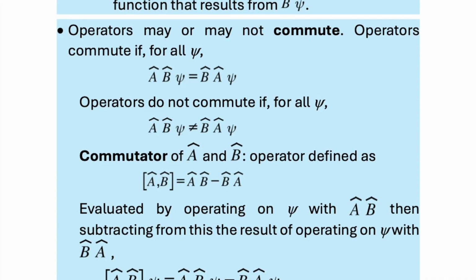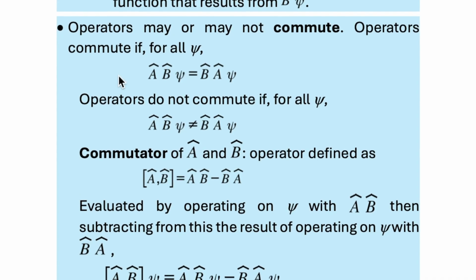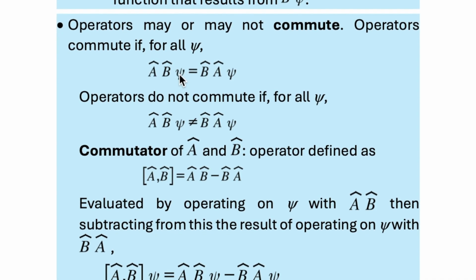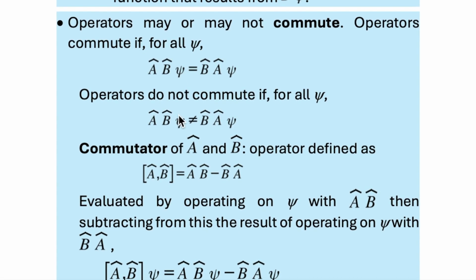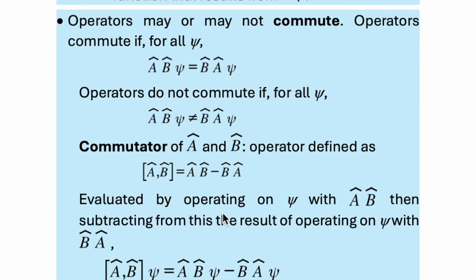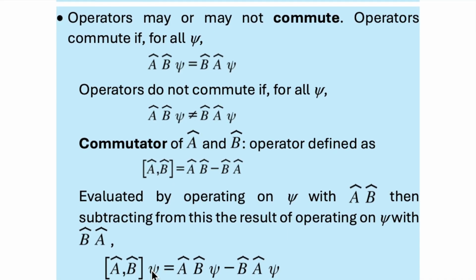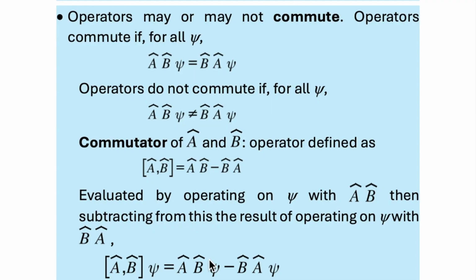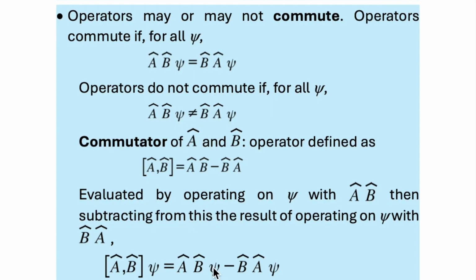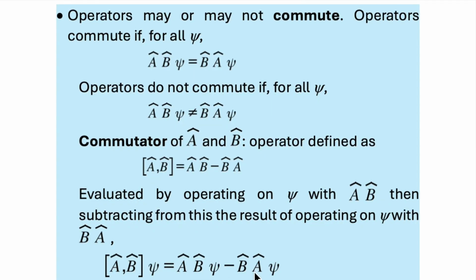When the commutator is equal to 0, the operators do commute, right? This is going to be important later when we get to uncertainty relationships. And if it helps, you can put the wave function in here directly to remind yourself that B is operating first on the wave function, then A, and we subtract off A operating first, then B.